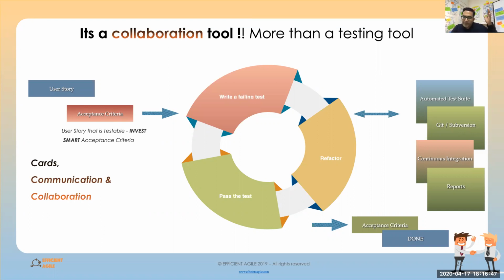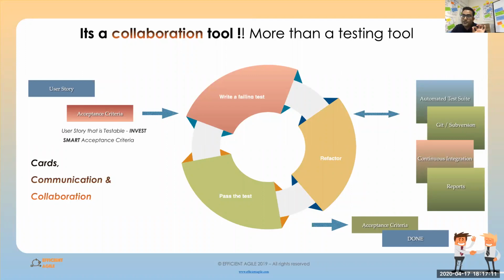It starts from the beginning with the business, with your product owners, with your business analyst, with the technical team. Everybody sits together. They all discuss. They all have the conversation. You begin with a user story. You have a few acceptance criteria, and these acceptance criteria can be testable.